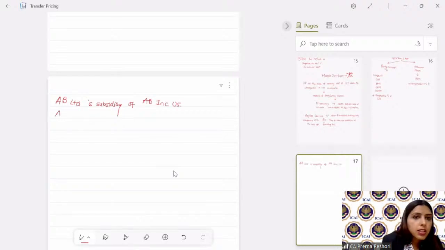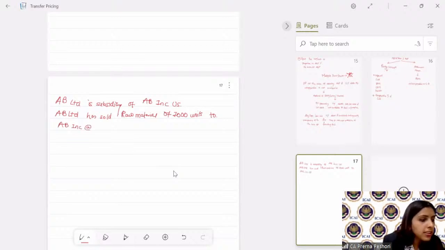Now AB Limited has sold raw material of 7,000 units to AB Inc. at the rate of rupees 9,200 per unit.